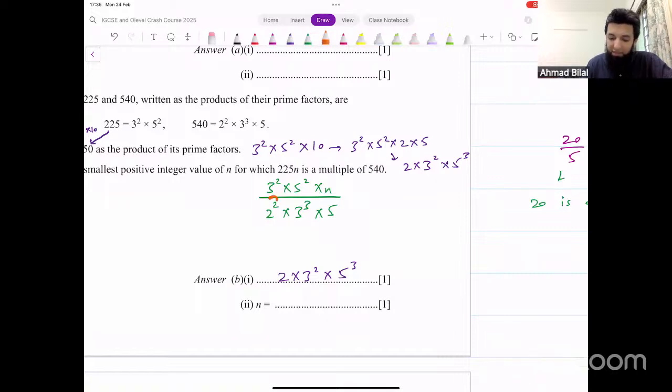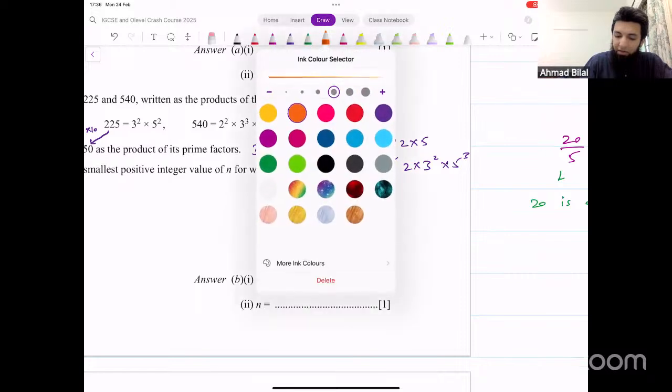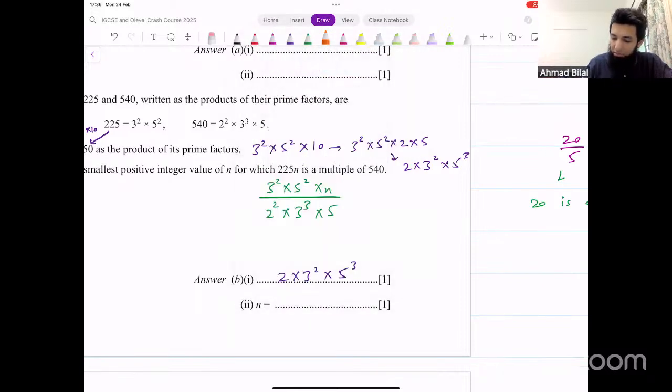In order to cancel this out with some number in the numerator, we need at least 2 squared in the numerator. So for n, number one, we would need a 2 squared here, so that this 2 squared and this 2 squared get cancelled out with each other. And the result turns out to be an integer.